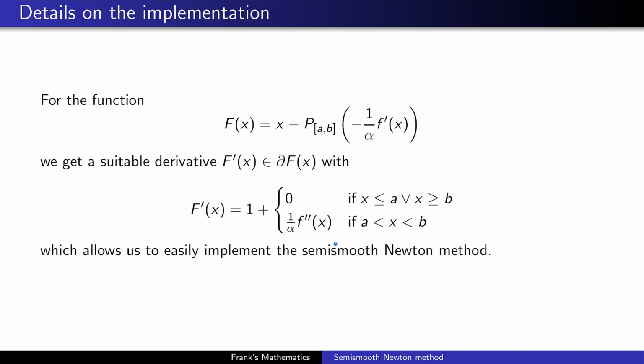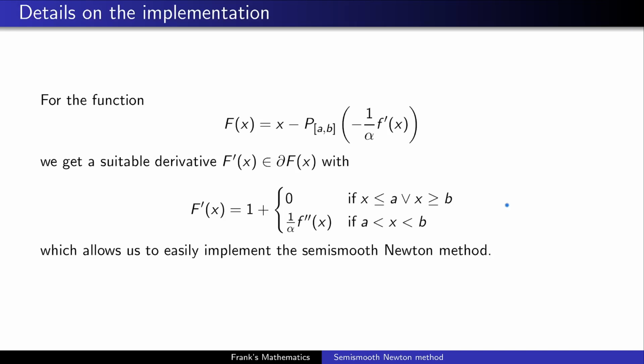On the other side, if x is inside the interval, we just do some chain rule here and end up with 1 over alpha times f prime prime x. So this expression can now be used to easily implement the semismooth Newton method and get an algorithm for computing the solution of the constrained optimization problem.